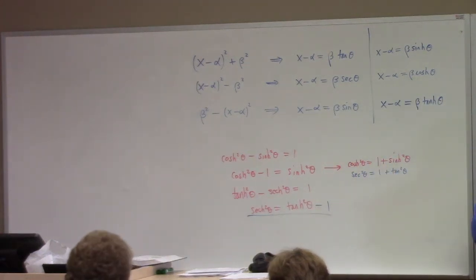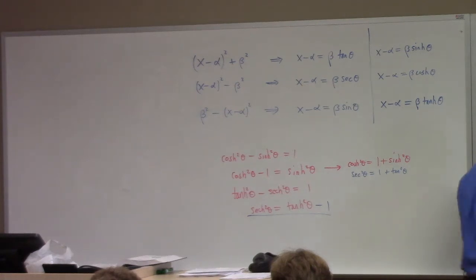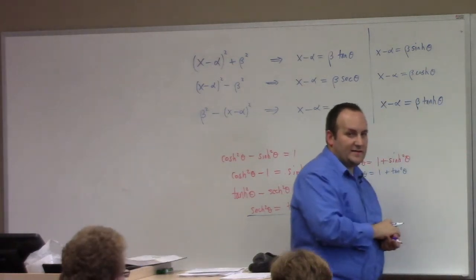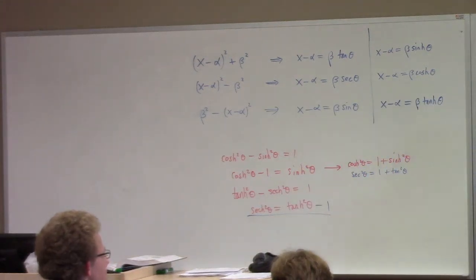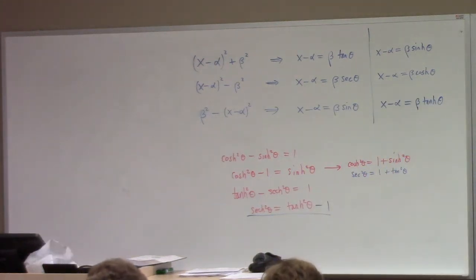I can pull 1/2 out, like that. And then I can go back to one of my standard templates. So what would you guys prefer, hyperbolic or trigonometric for this one?